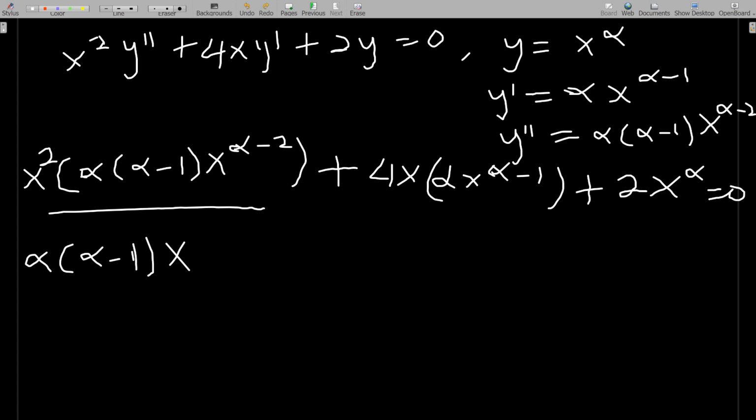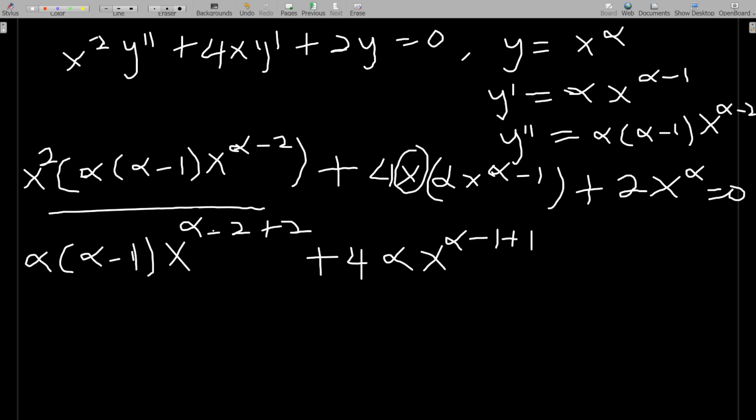Then plus 4 alpha, then x to the alpha minus 1 plus 1, since this x is to power 1. Since they are of the same base and they are multiplied, take one base, that is the x, then you add the powers. Okay, and plus 2x to the alpha, and this is equal to 0.